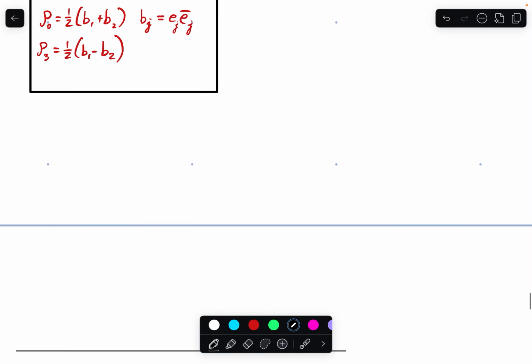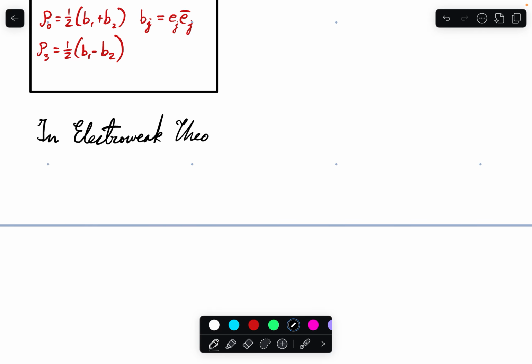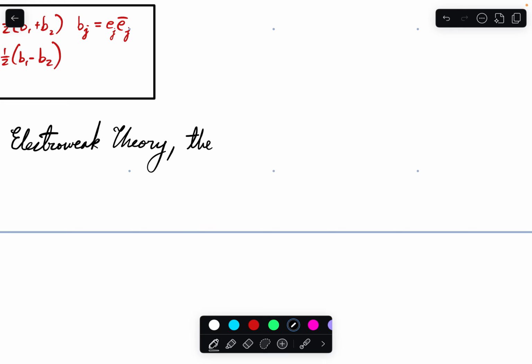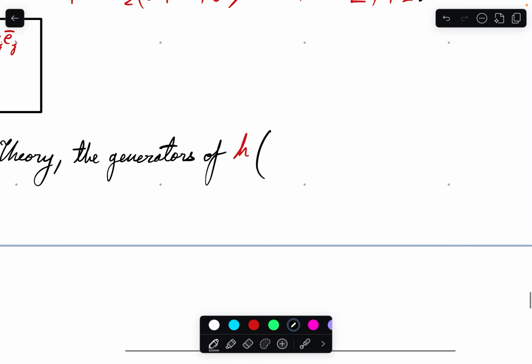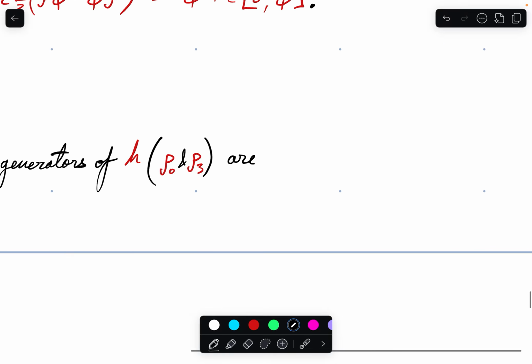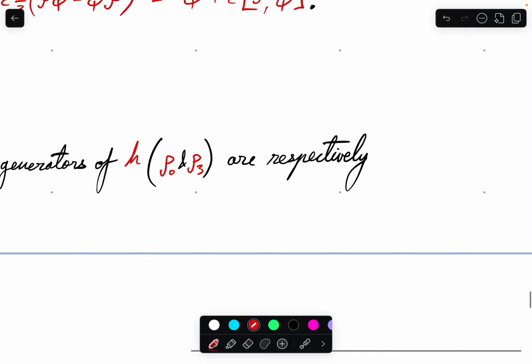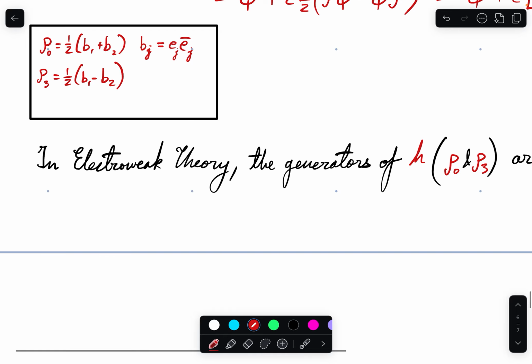Now in electroweak theory, the generators of the Cartan subalgebra H, which recall these are rho naught and rho 3, are respectively hypercharge, which is usually written here with a factor of 1/2 Y, and isospin.